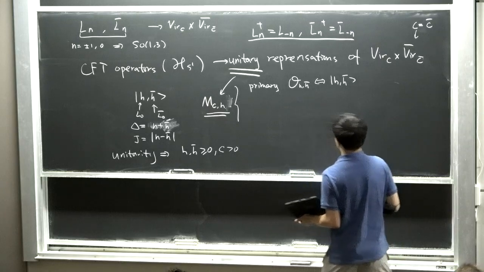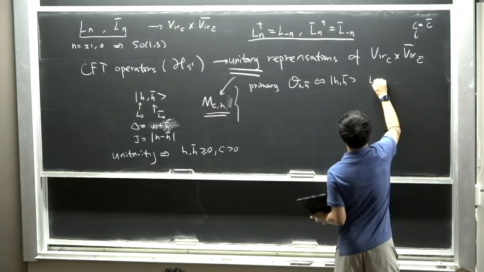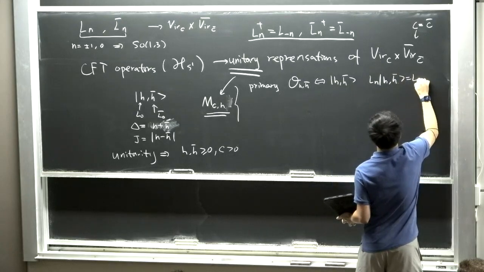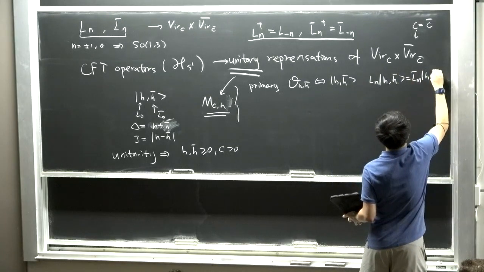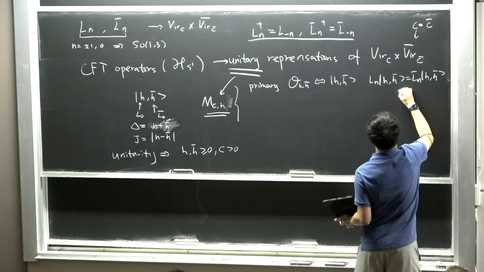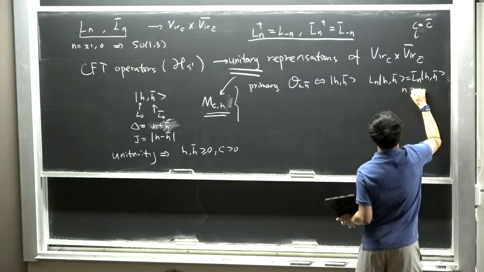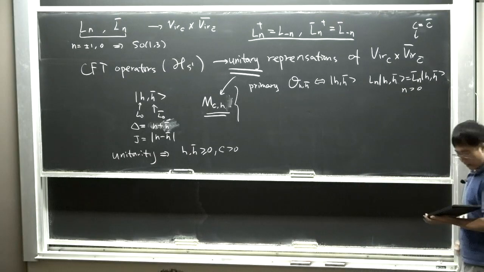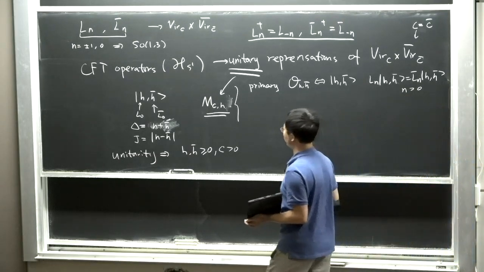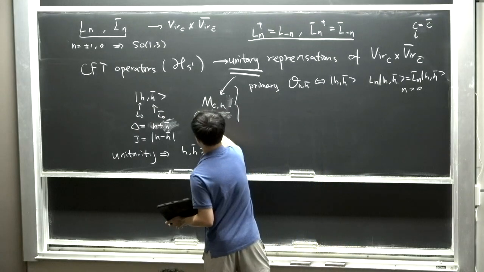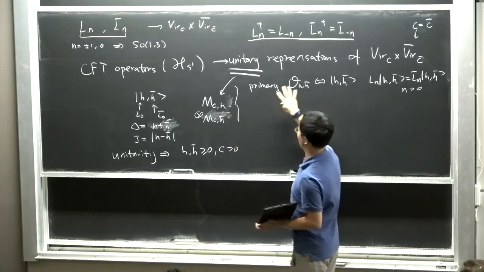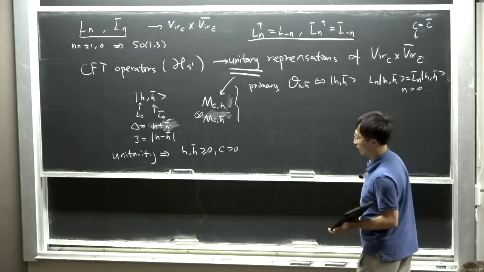The fact that it is a primary means that it's annihilated by the Virasoro generators L_n, where n is bigger than 0. Just to be very precise, this is really the tensor product of these two representations. I'm writing it on the right-hand side because I'm keeping track of both h and h bar.